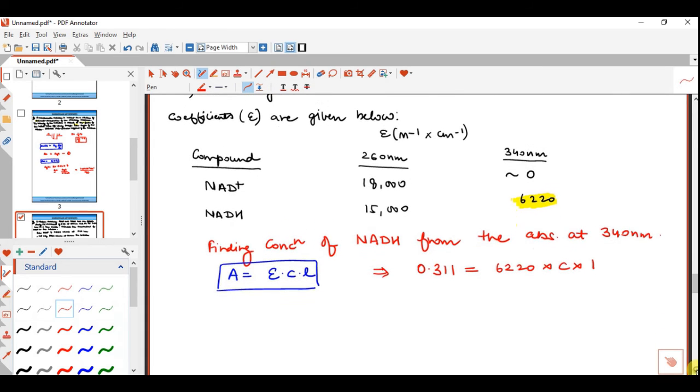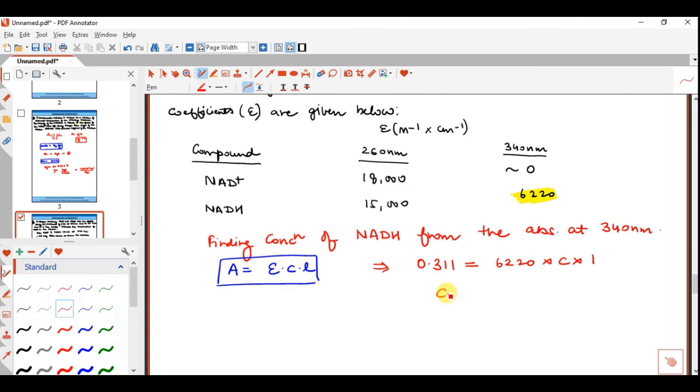So if you solve this, you would be getting a concentration of NADH equal to 5 into 10 to the power minus 5 molar. So this would be the concentration of NADH. Fine.